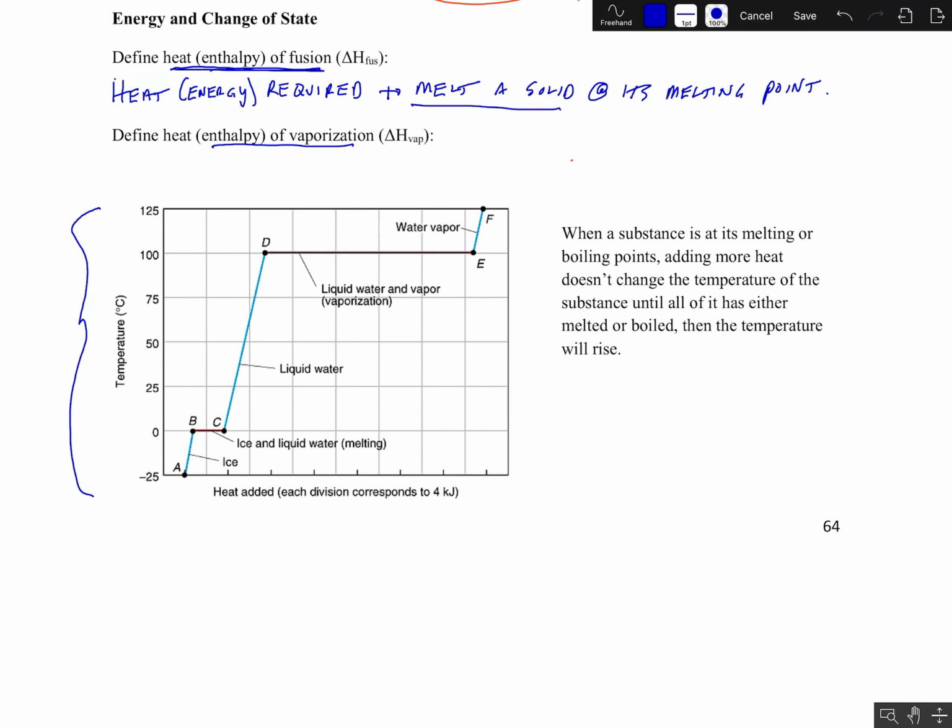What do you think the heat of vaporization is? Yeah, you're probably right there. It's the heat or energy required, so once again, an endothermic process, to boil a liquid at its boiling point.